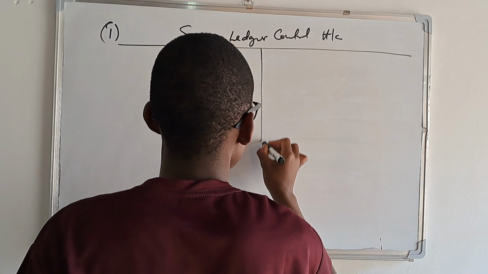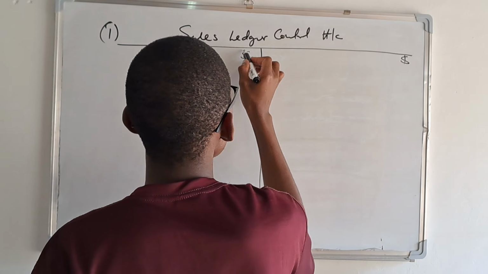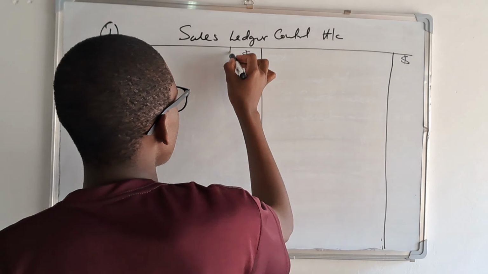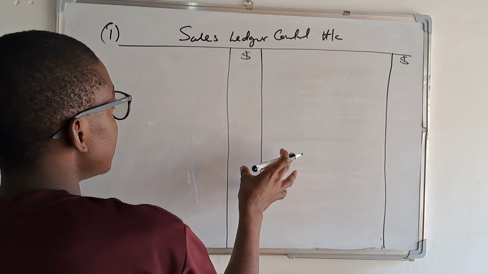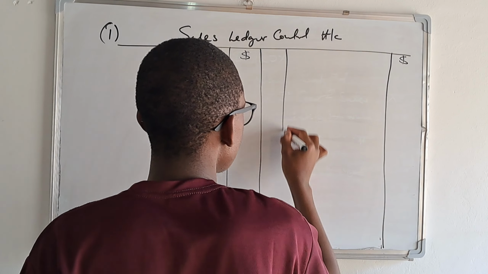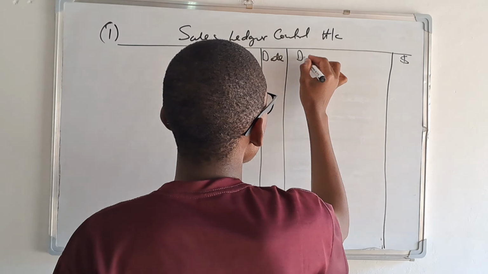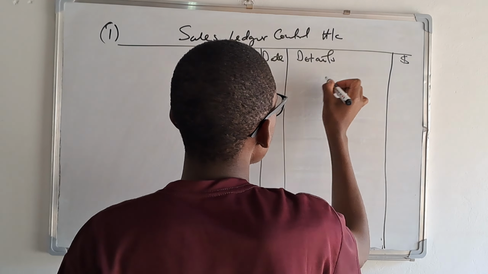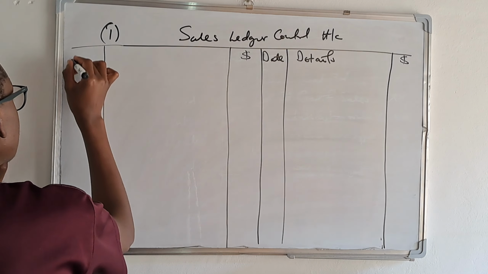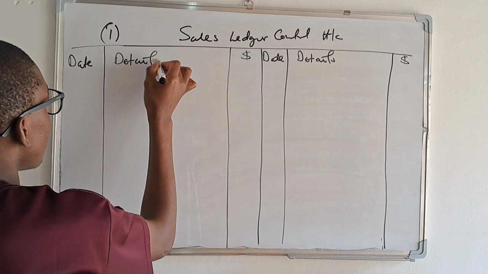Then you put, in terms of Cambridge, you are given the columns, don't stress. But in terms of financial accounting, ZIMSEC, you have to draw your own columns. In terms of Cambridge, they give you date, then details, which are the currencies, then date again, then details.